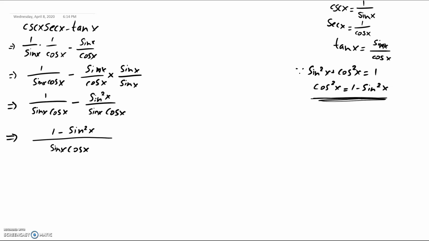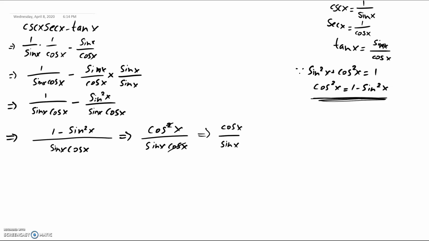So I will use this identity into the given expression and it's going to be cos squared x over sine x cos x. Okay, now in numerator we have cos squared x, in denominator we have cos x. We can cancel them out and we will be left with cos x over sine x.